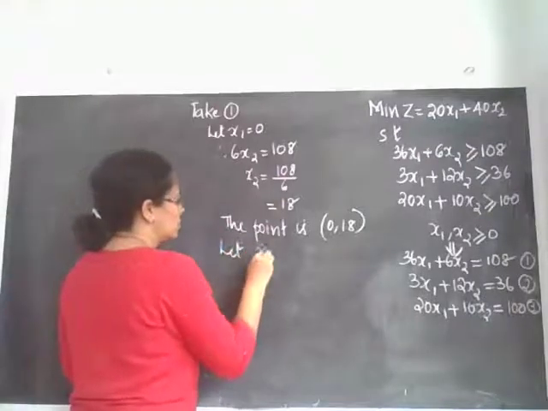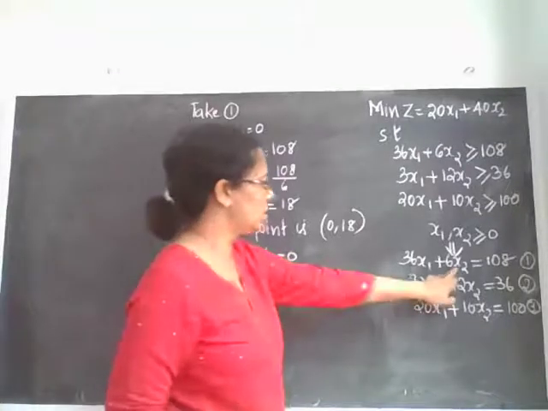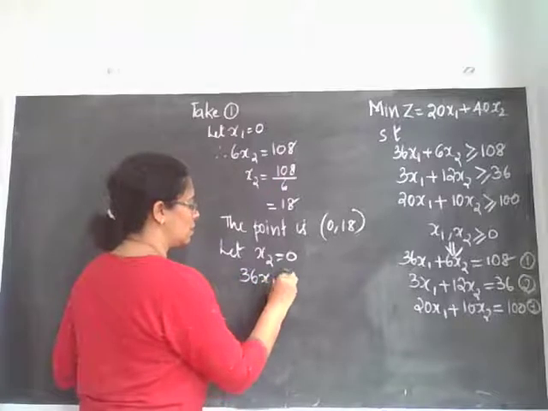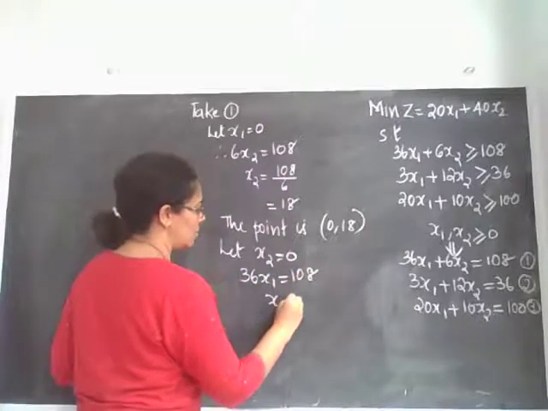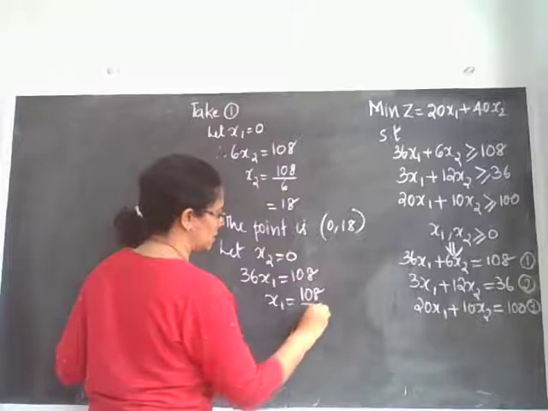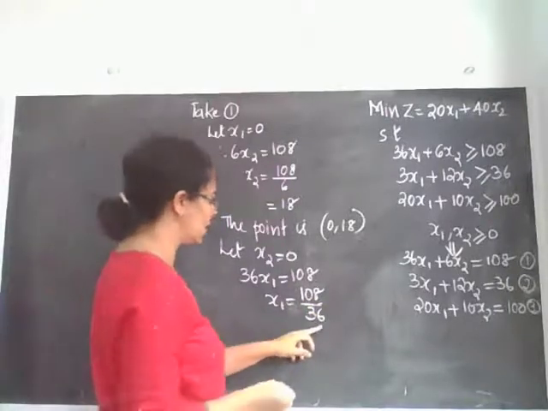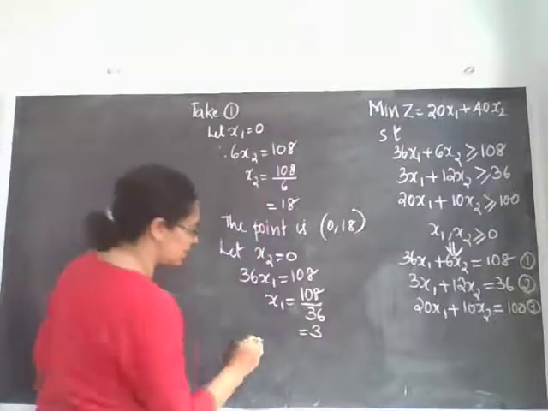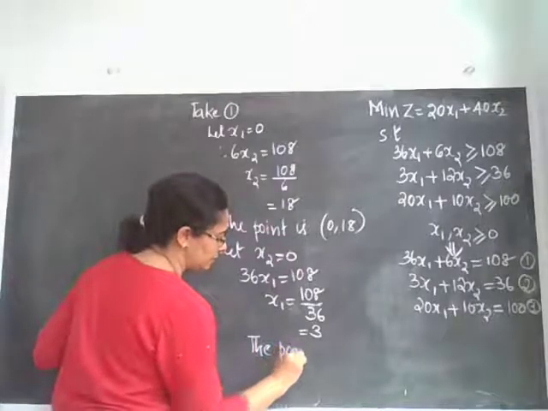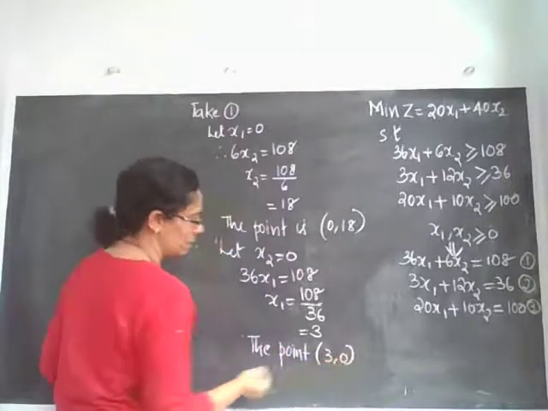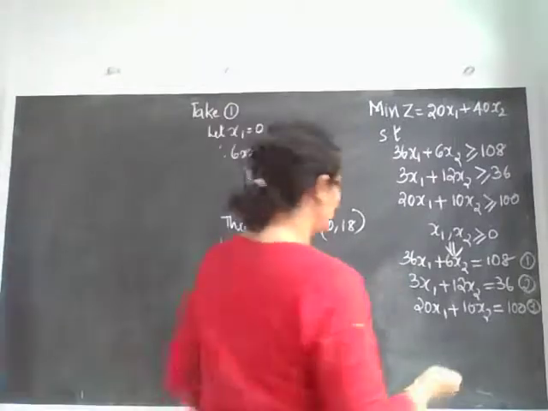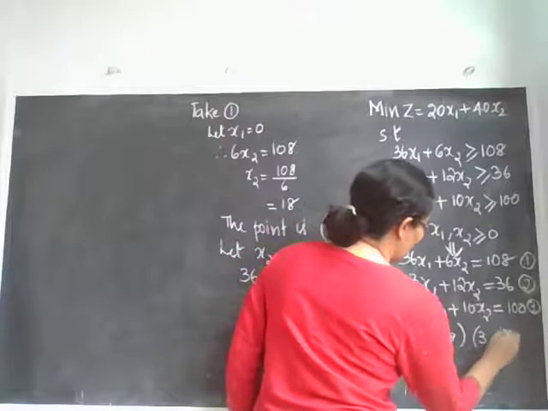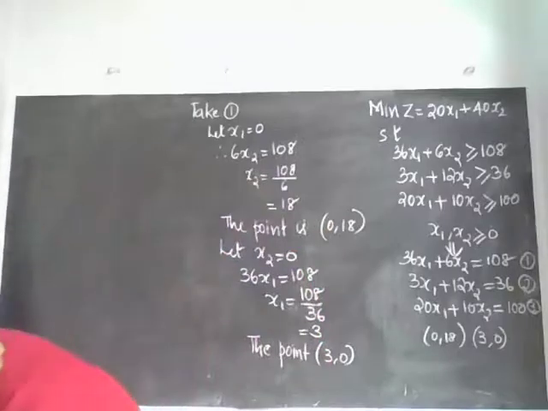Now let x2 equal to 0. And now you have 36x1 equal to 108. So x1 equal to 108 divided by 36, which is 3. So the point is 3, 0. So you got the two points: 0, 18 and 3, 0.